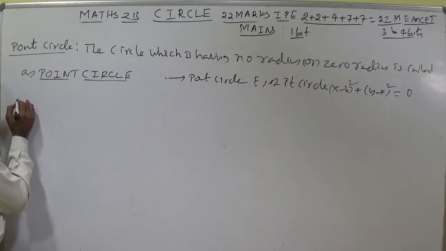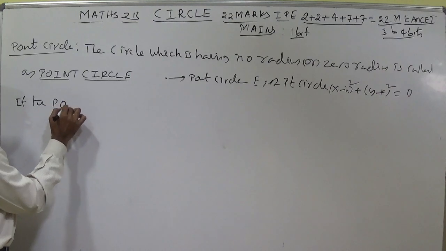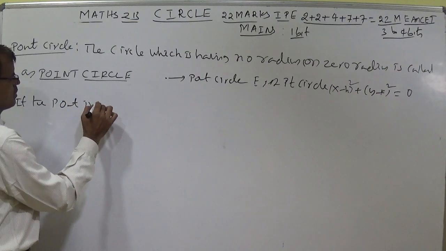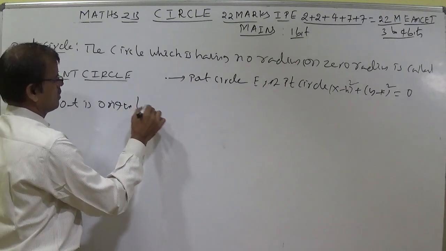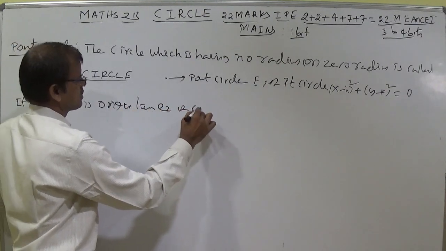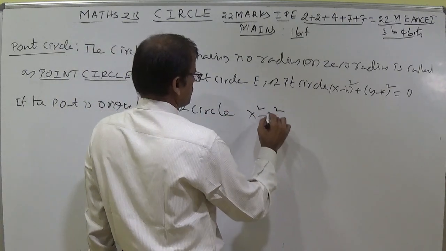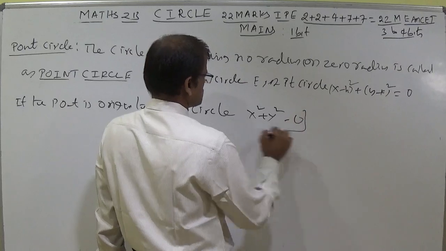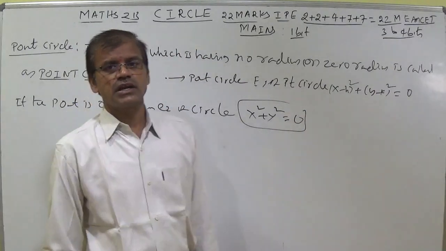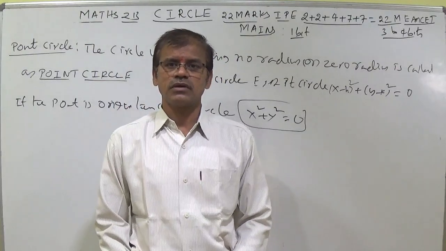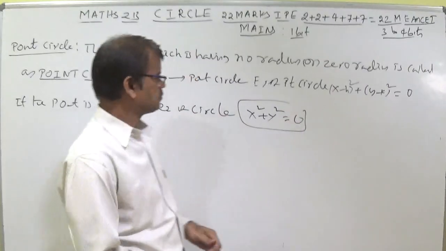Next, if the point is origin, then the equation of point circle is x square plus y square equal to 0. Because I said that the equation of circle having center 0, 0 is x square plus y square equal to r square. Then you can write here x square plus y square equal to 0.